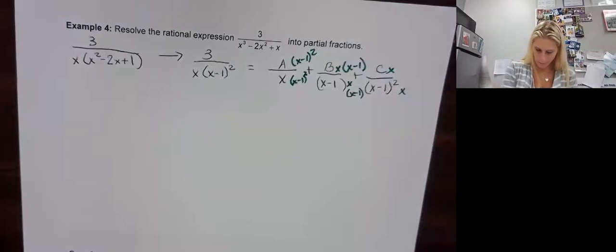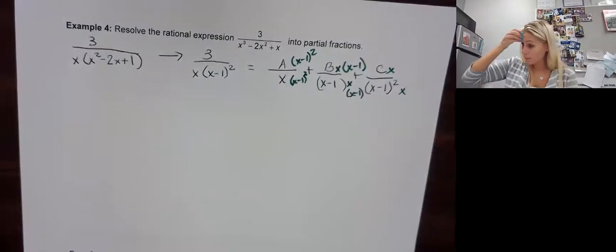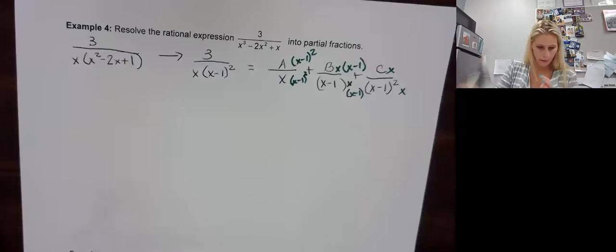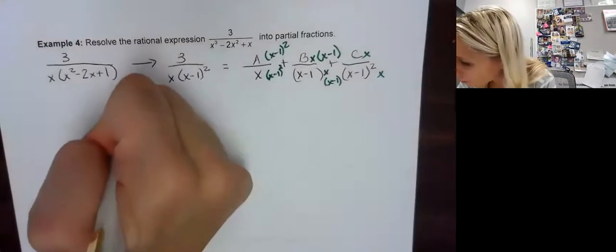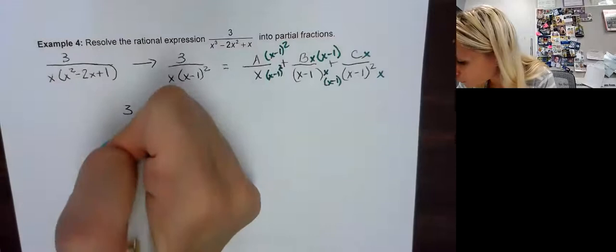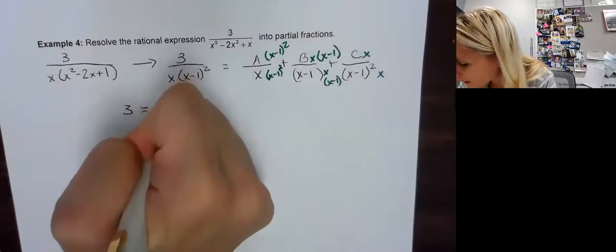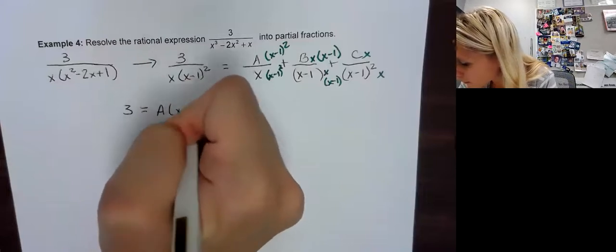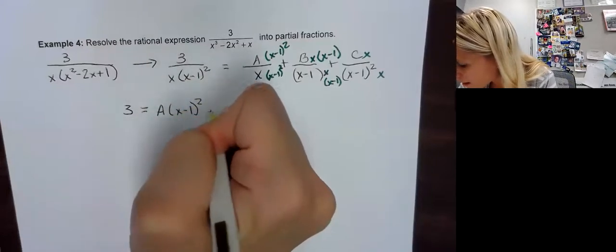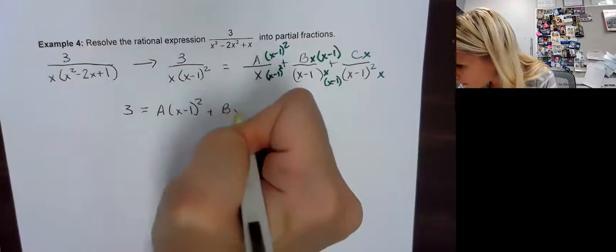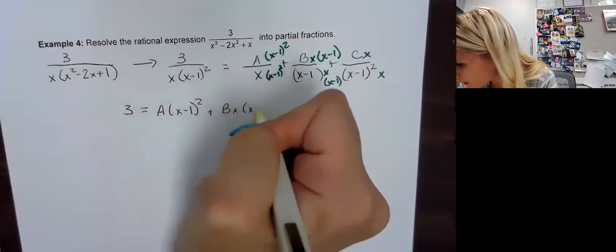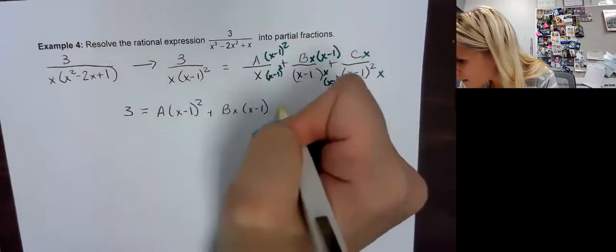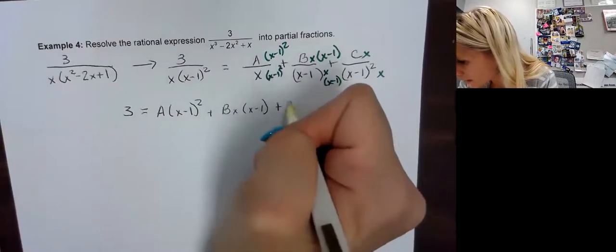All right. This is getting a little bit crazy, huh? So let's look at what we have. We now can look at the numerators. 3 equals A times x minus 1 squared plus Bx times x minus 1 and plus C times x.